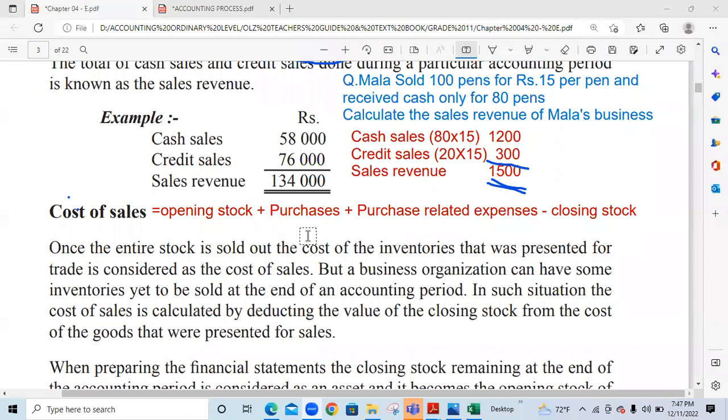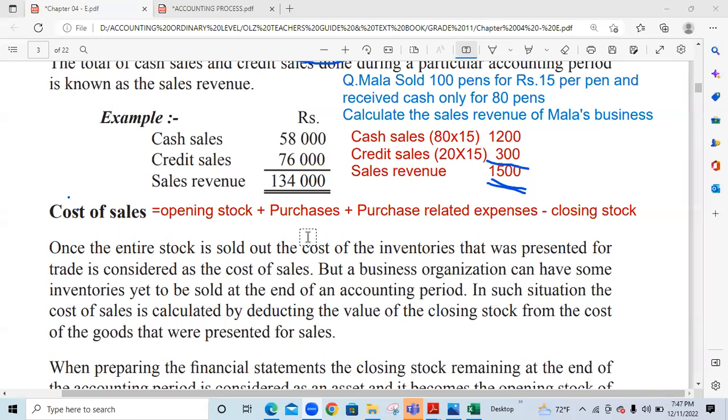Now, guys, you sold 100 pens, right? To sell these 100 pens, how much cost did you incur? What is the cost you incurred to sell them?